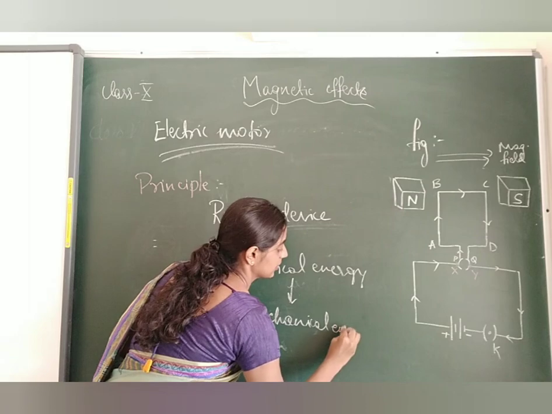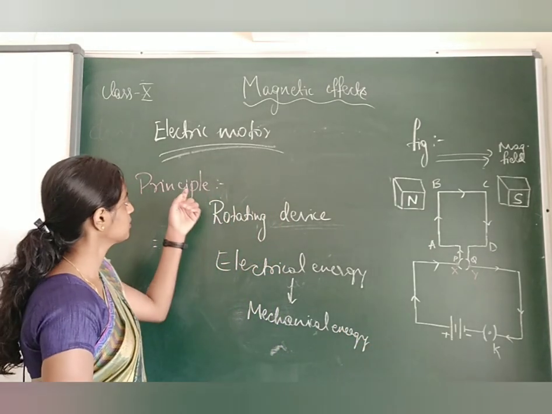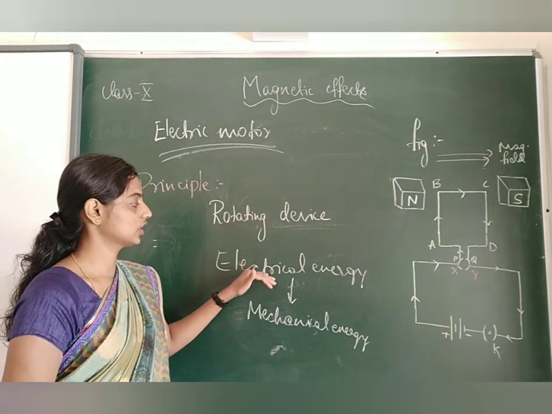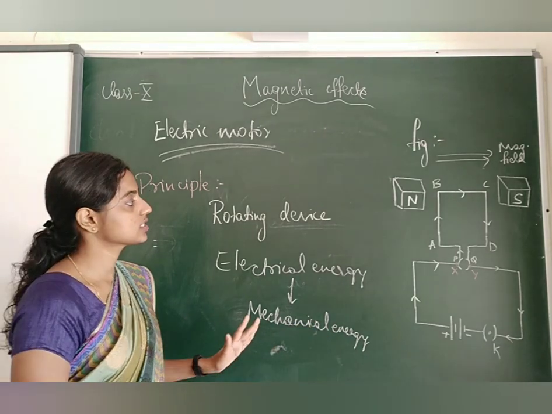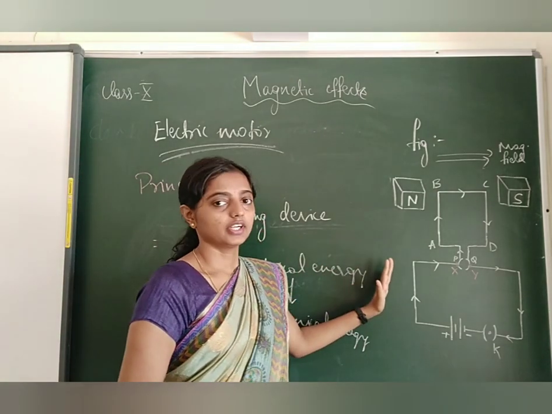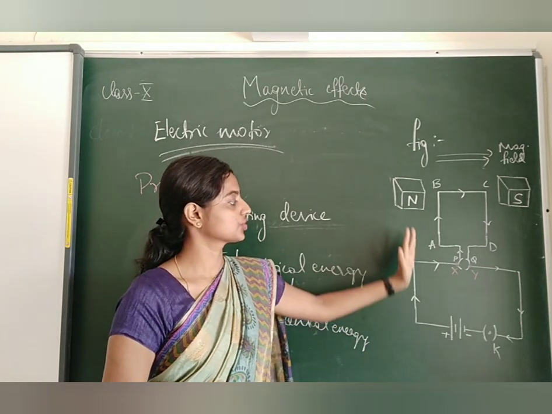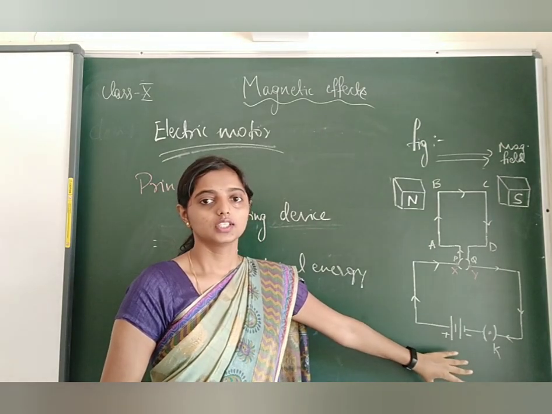So while writing also we need to write step by step. First the principle: an electric motor is a rotating device which converts electrical energy into mechanical energy. Now let us understand the figure. You need to practice this figure, okay? And how the construction is made in this figure. This is a simple electric motor diagram.